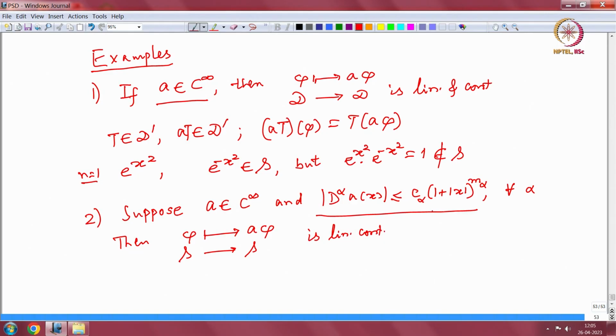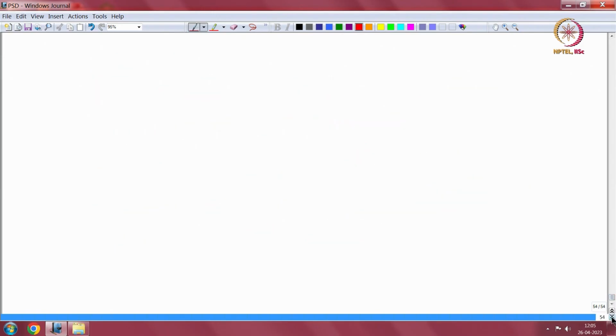So as long as only polynomials are involved, for the functions in the small space there is no trouble, because we can multiply by a polynomial and get that. That's one thing. And regarding the tempered distribution, just one more.